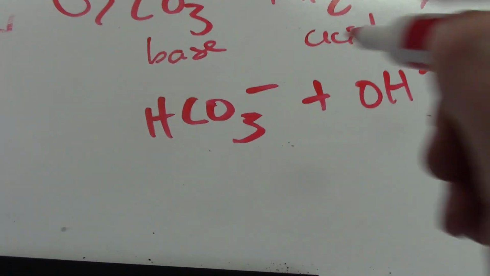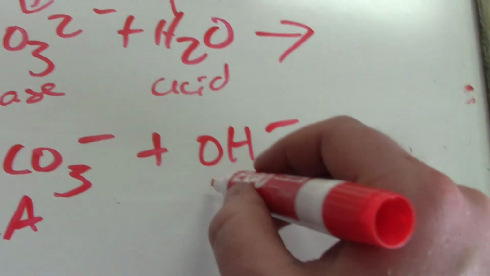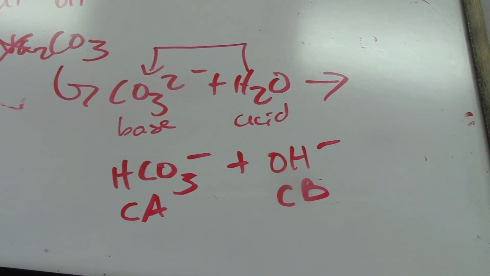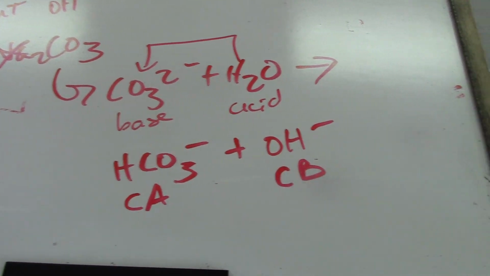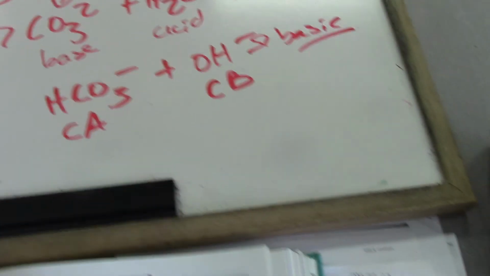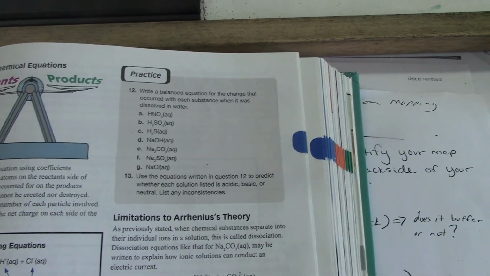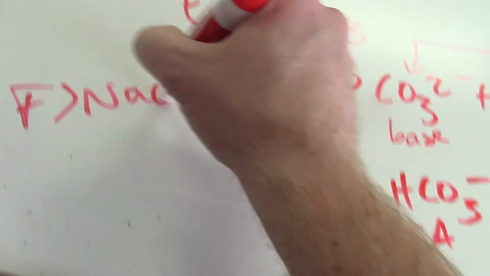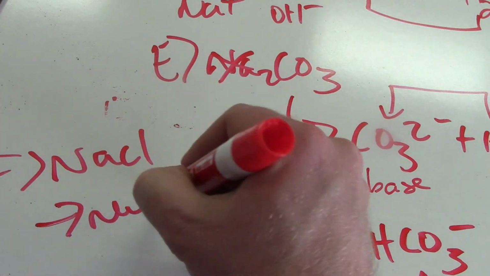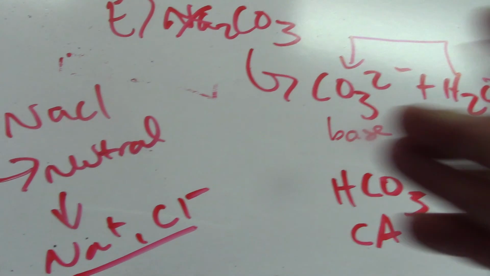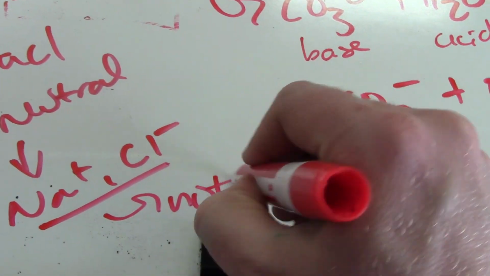This is my conjugate acid now, and that's my conjugate base. Because we make hydroxide, this will end up being a basic solution. Na2SO4 will be really similar to Na2CO3. But if I look at F, NaCl, this will be neutral, because if we make Na plus and Cl negative, there's nothing on the chart for that.